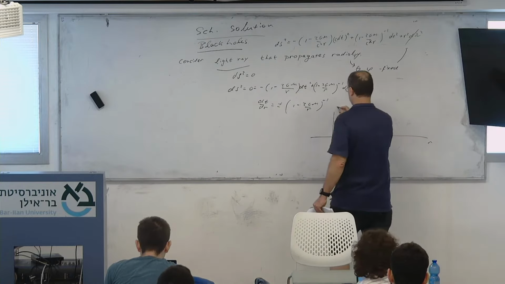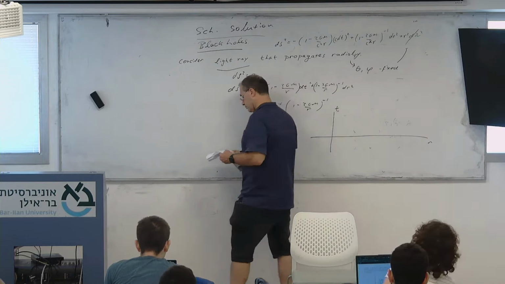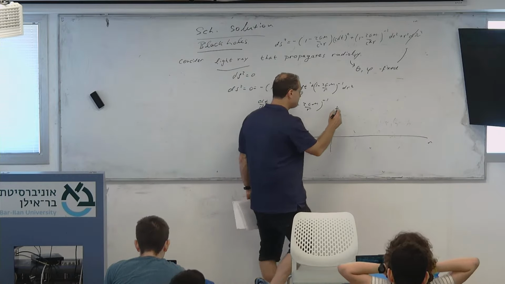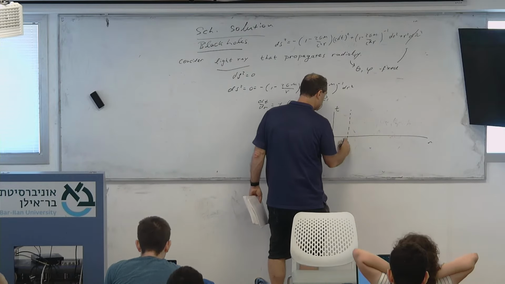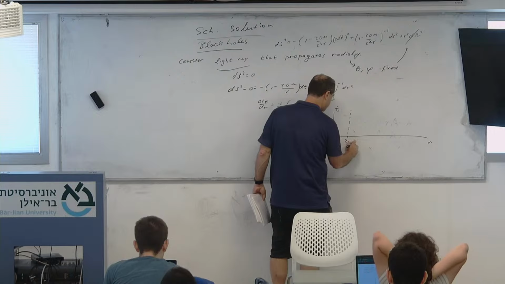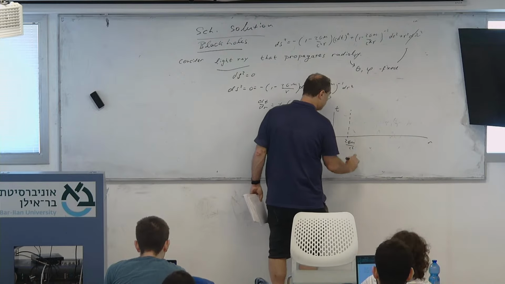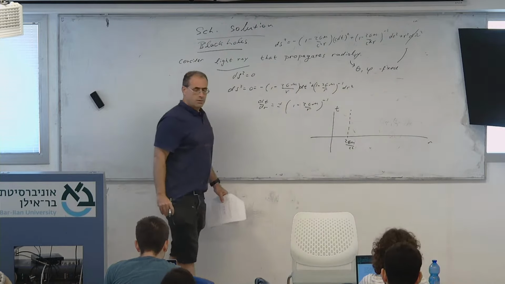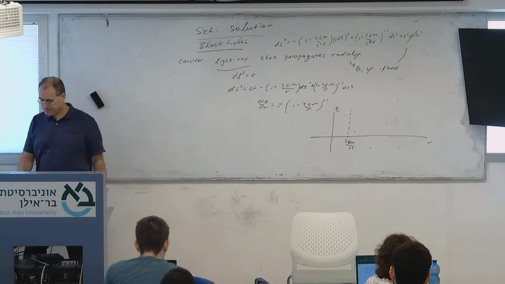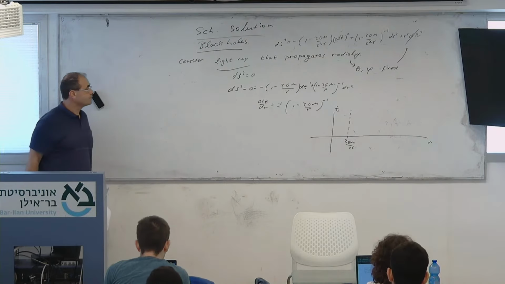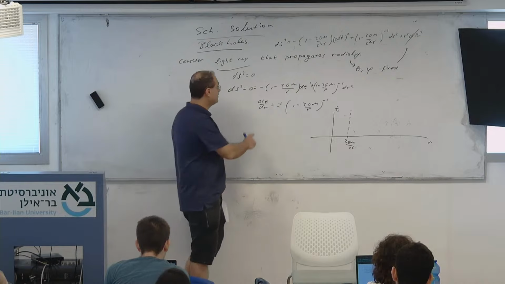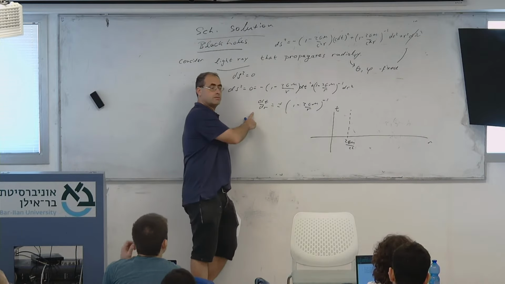What happens at large r? What is dt over dr? Plus minus 1.